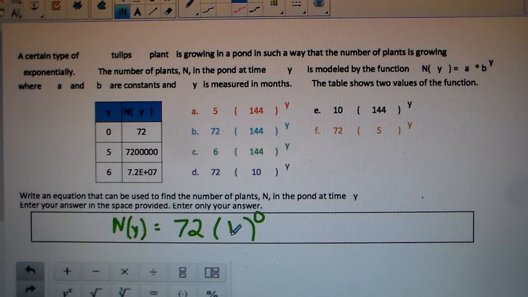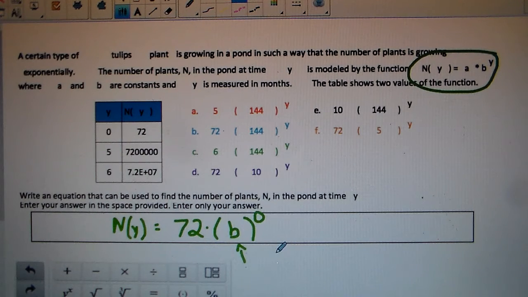We don't know exactly what that b value is yet, but we know the initial amount is 72. Remember the y is in that upper right hand corner of this equation, so that's where I put my 0. So 72 is equal to 72 times some number to the power of 0. Now I've got to figure out what that some number is.